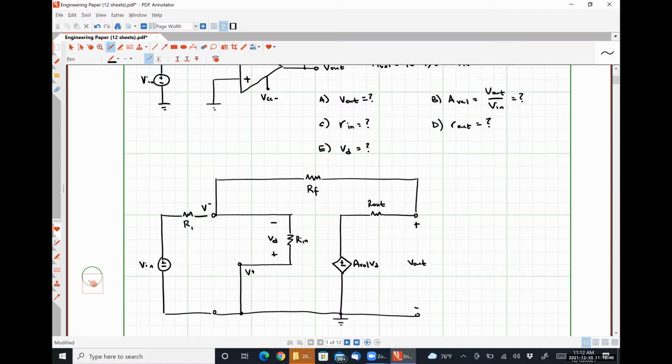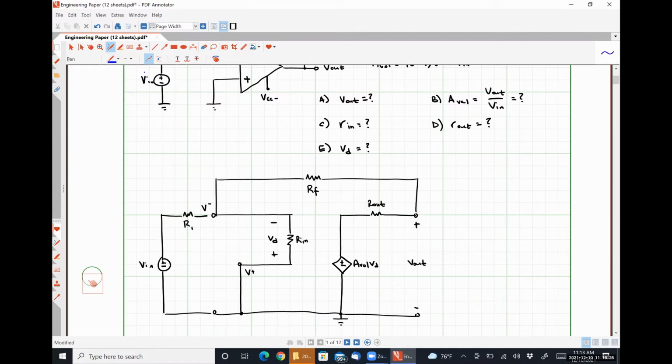So we have a couple of different unknown voltages here. We are going to apply Kirchhoff's current law at two nodes in order to solve this. We're going to apply Kirchhoff's current law at the inverting input node, and in both cases at the output node.